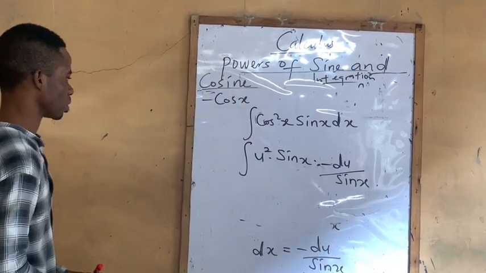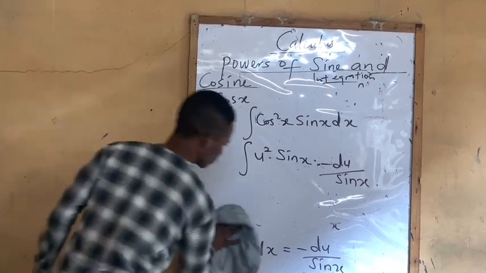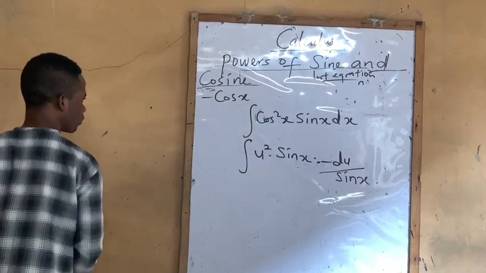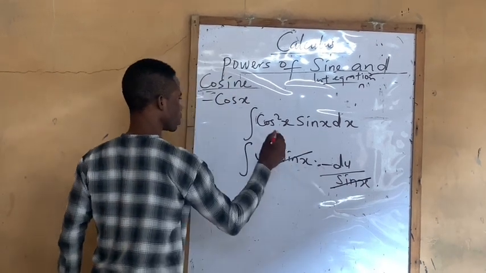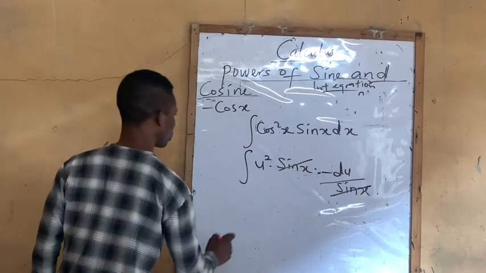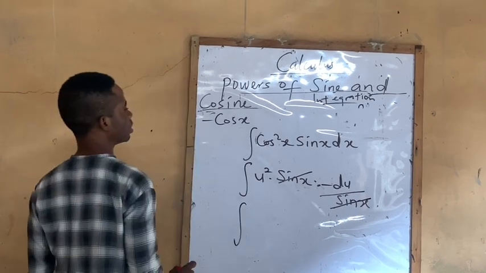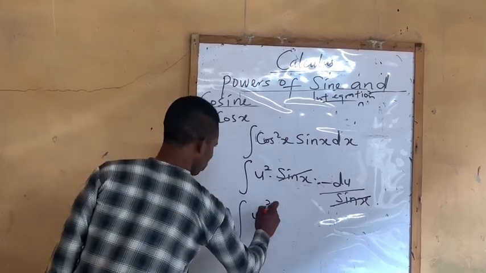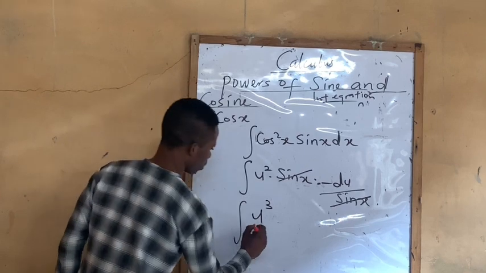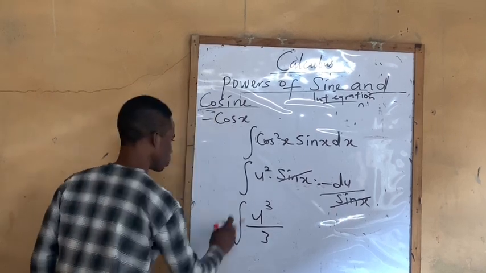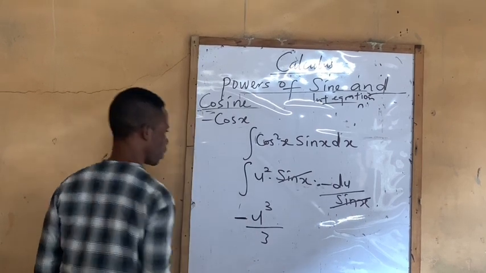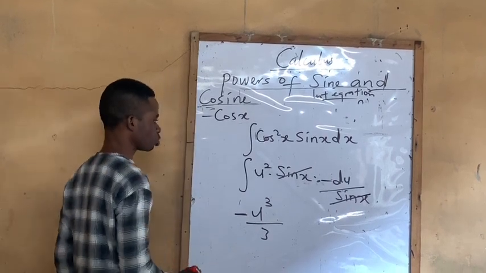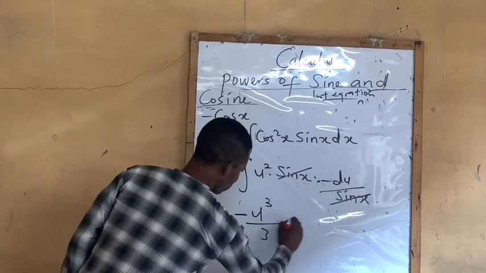So this sine x cancels this sine x. I'm going to have u cube, if I integrate u square, all over 3. But don't forget the minus. The minus will be reflected.